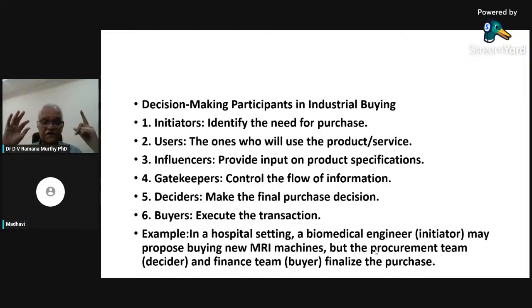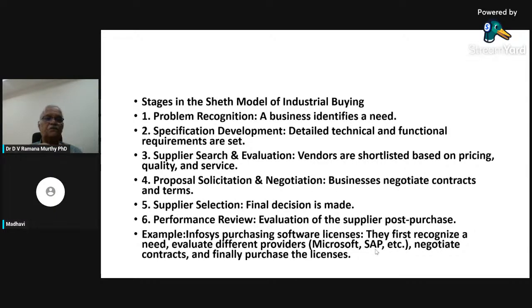Then the finance team becomes a buyer because it decides, ticks the finance budget and finalizes the purchase, and somebody goes to the market or the supplier himself comes and installs the MRI machine in the hospital. So that's how things go.